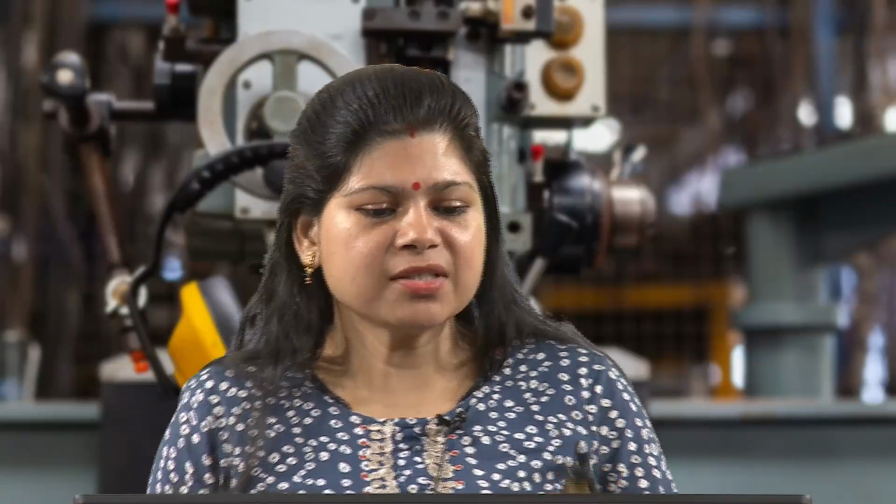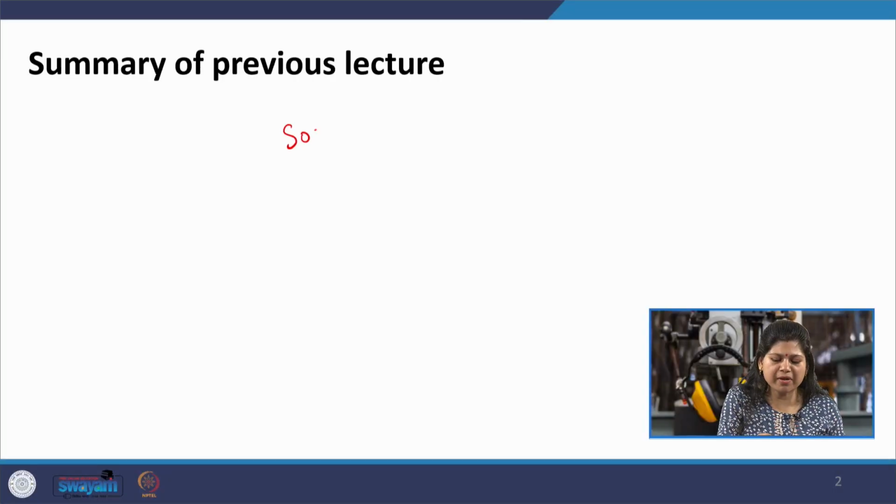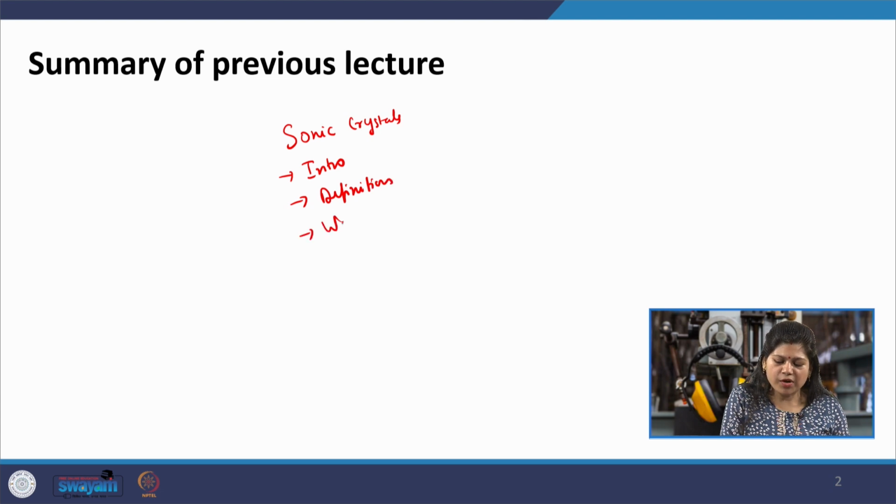So, we have been discussing an acoustic metamaterial called sonic crystals, and the introduction, the definition, what a sonic crystal is, and the working principle of sonic crystal were studied in depth.